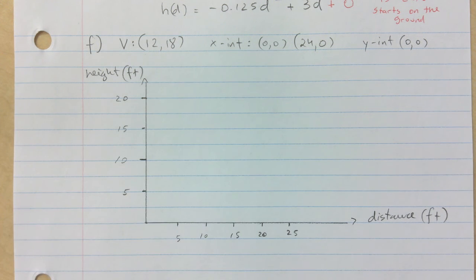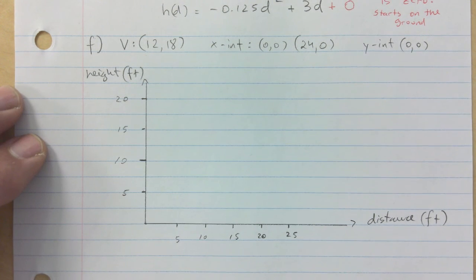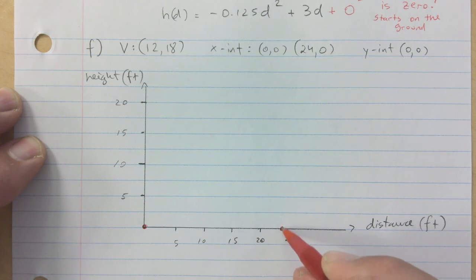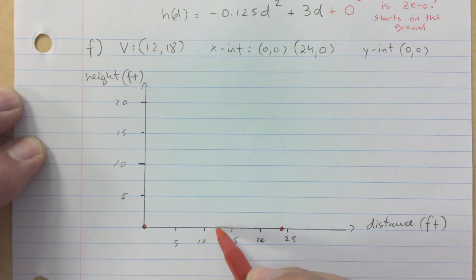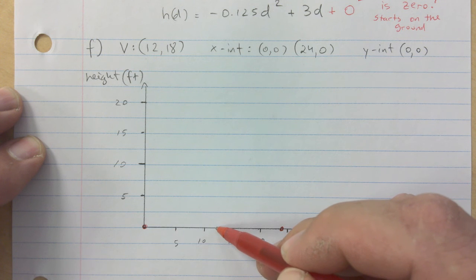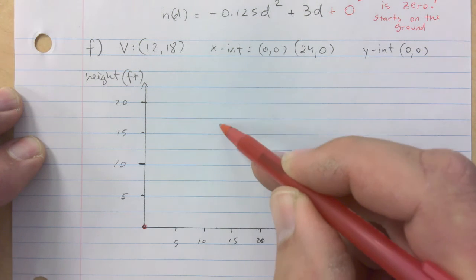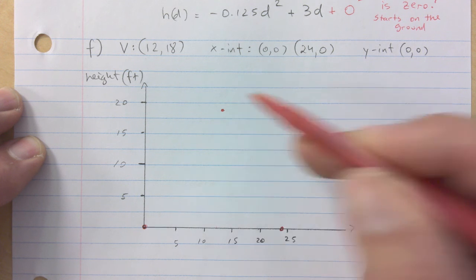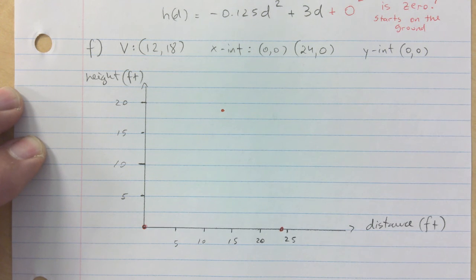Use a different color for the points that are important. I know that this is 0, 0. I know that this is 24, 0. I'm at 12, 18. So there you have your 3 points.